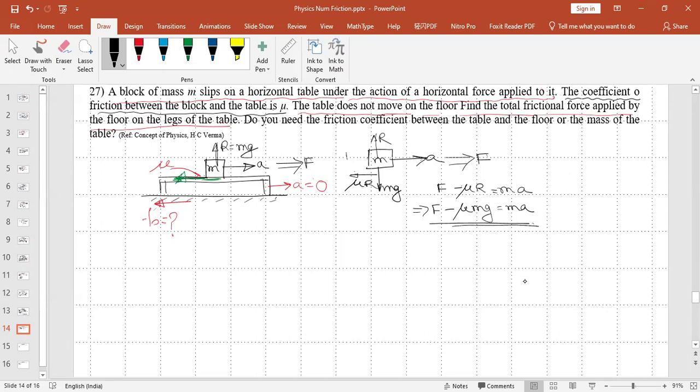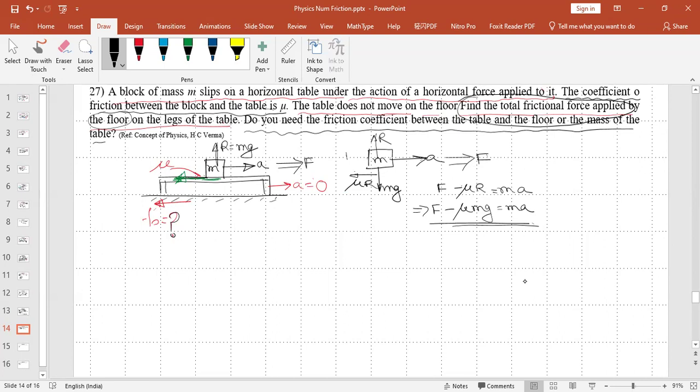The coefficient of friction between the block and the table is given; the table does not move. Question is, do you need the friction coefficient between the table and the floor or the mass of the table? The table does not move. What they want to find is the total frictional force applied by the floor on the table.